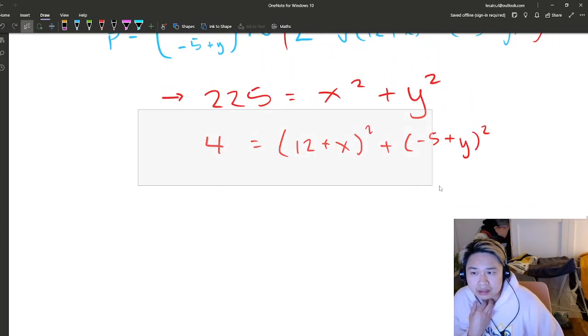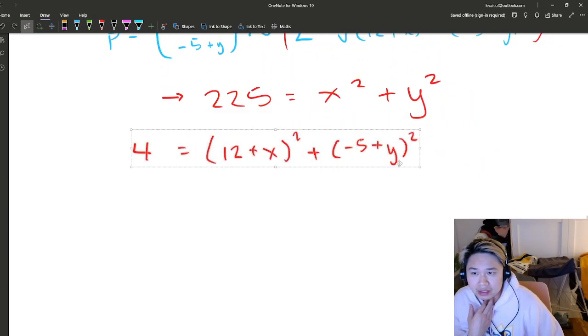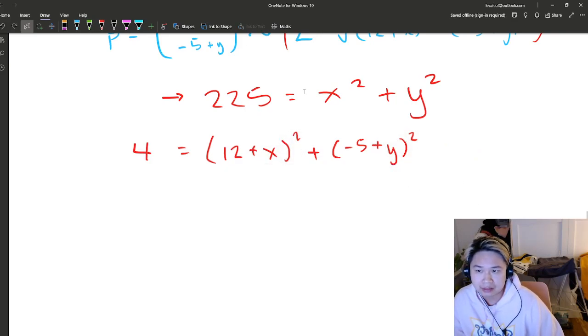And I'm going to continue simplifying the second one, because if I do, I will eventually get an x squared plus a y squared. So I can substitute in the first formula, and then I can see some problems arising, but we'll take care of it when we get there.